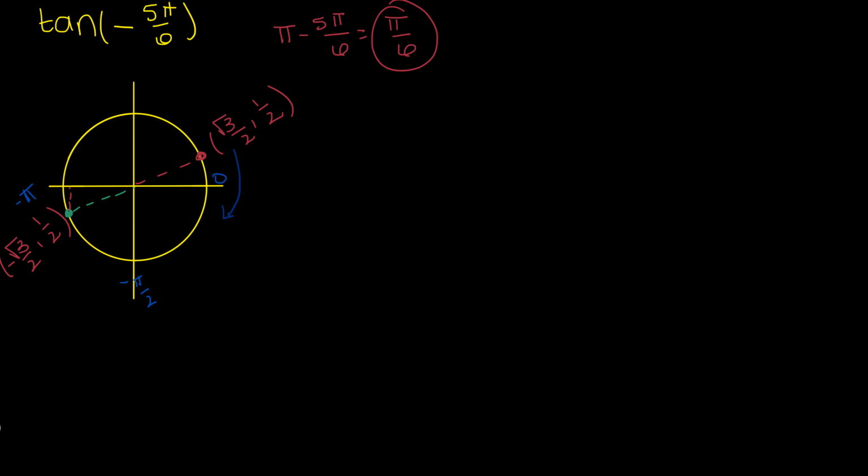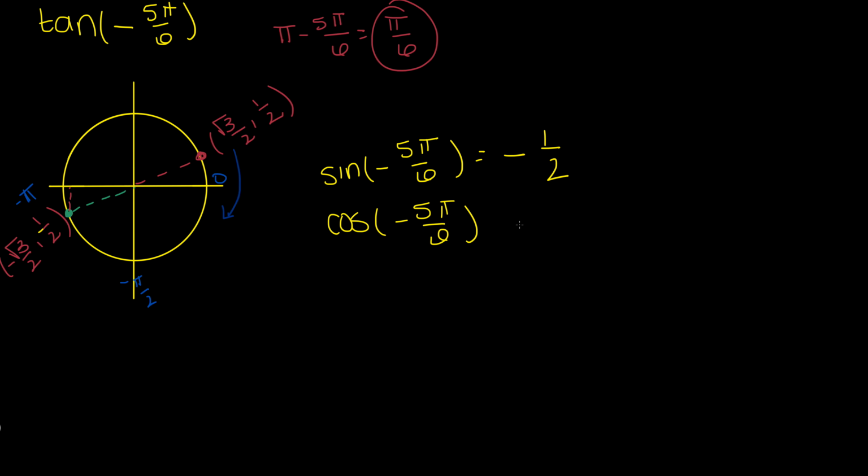Well, this number means that sine of negative 5 pi over 6, and these are both negative, is equal to negative 1/2, because we're in quadrant 3. This also means that cosine of negative 5 pi over 6 is going to equal negative root 3 over 2.